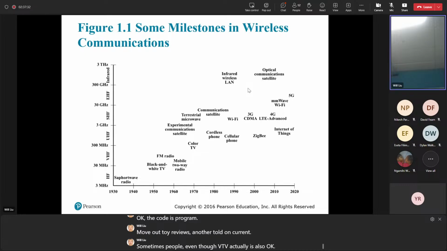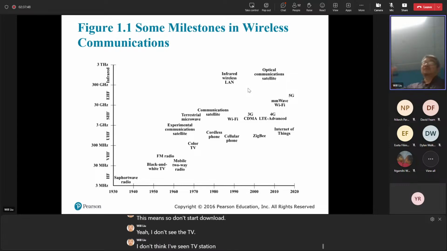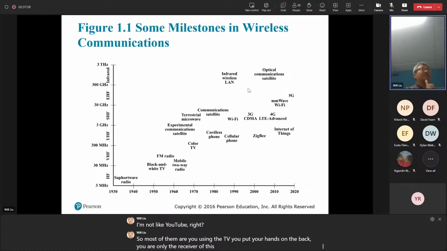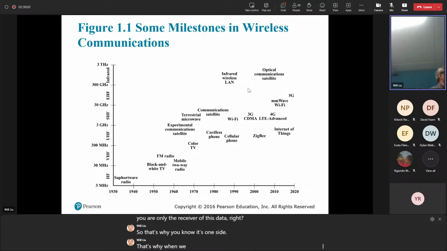But because of the nature of TV, in most countries, they only give you one channel open. This means download. When I watch TV, I don't think the TV station uploads anything, not like YouTube. Most of the time when you're using the TV, you put your hands behind your back. You are only the receiver of this data, so it's one side. That's why, when we talk about communication, is TV a communication channel?